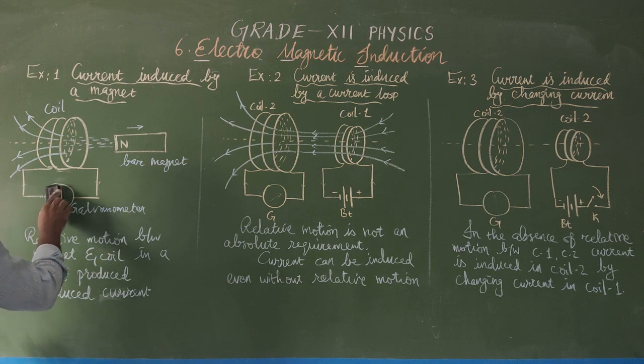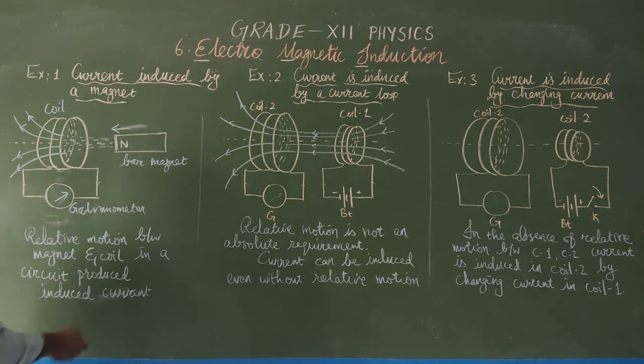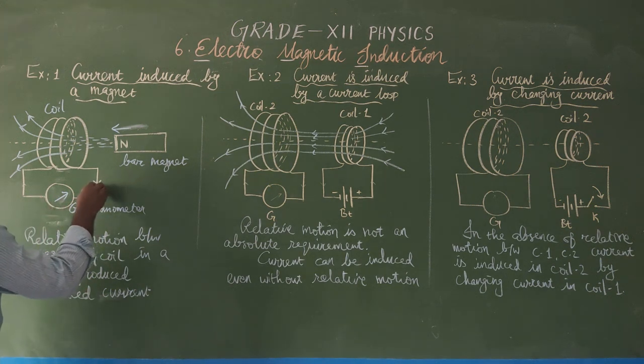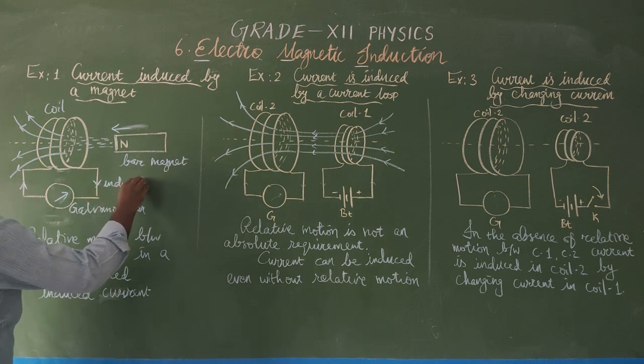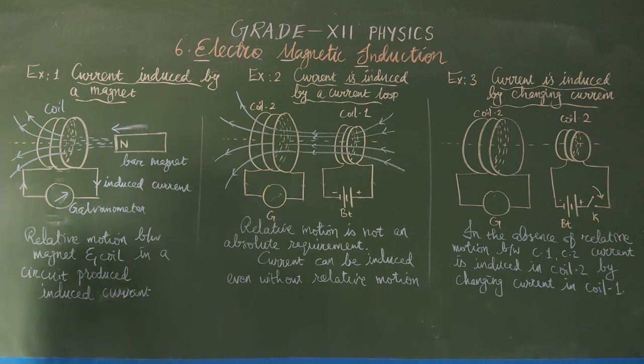From this we can conclude that the relative motion between the magnet and the coil in the circuit produces induced EMF, because a galvanometer can be deflected only by current. So here current is induced, and due to the induced current there is a deflection in the galvanometer.